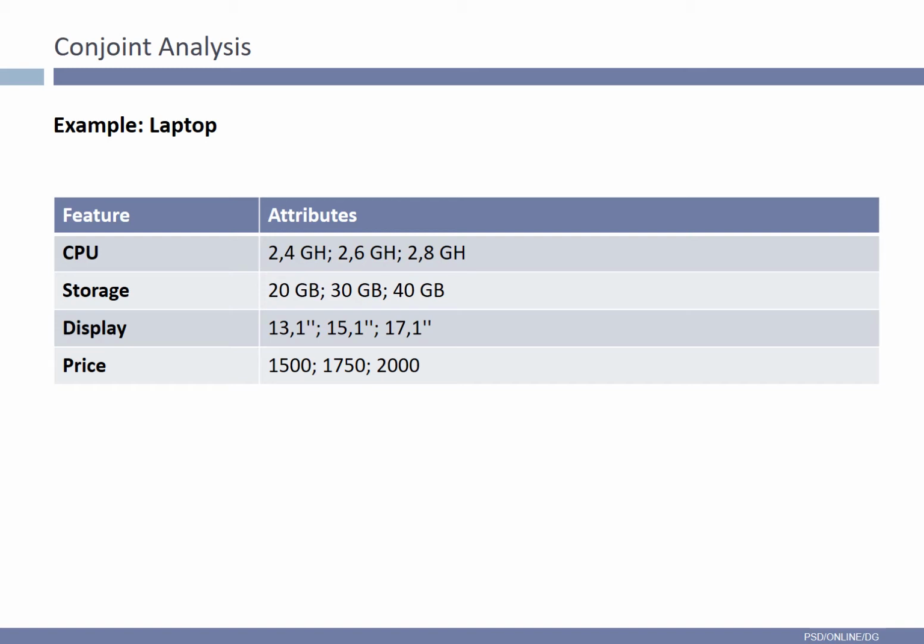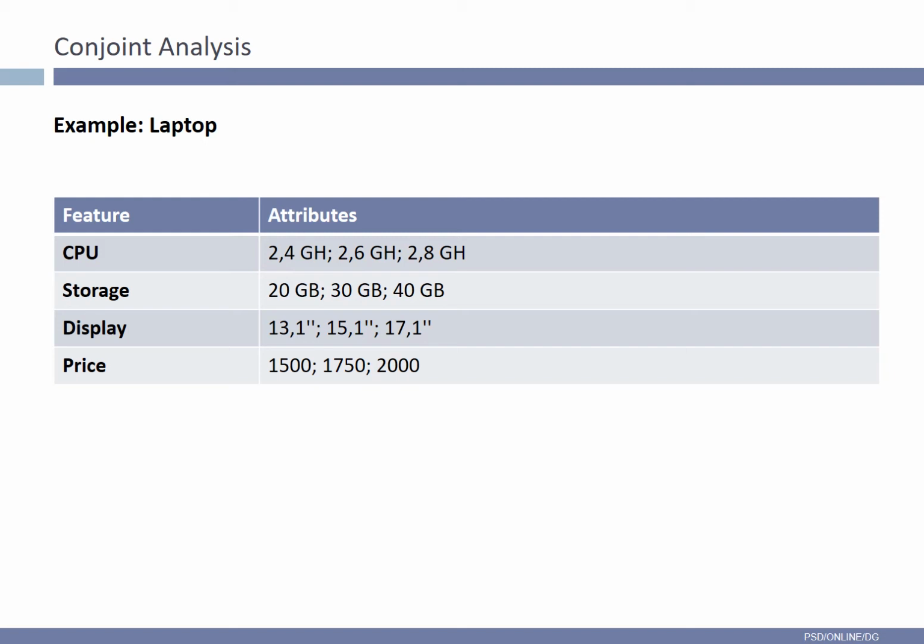For your hard drive storage space, you have 20, 30, and 40 gigabyte that you could do. For your display, you have 13, 15, and 17 inches. And then you have the price, 3 different price points: 1,500, 1,750, and 2,000 US dollars.